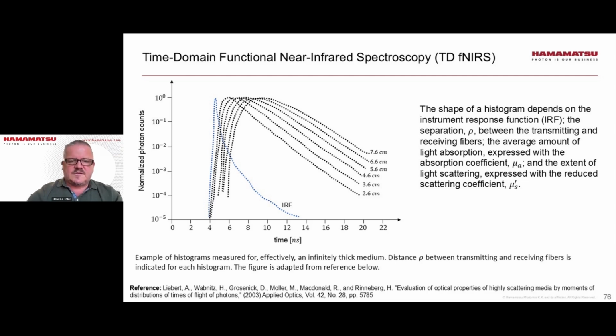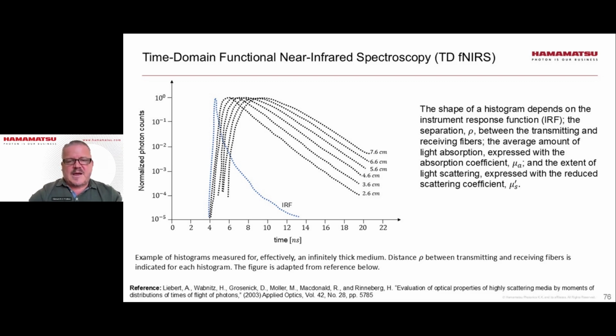What one constructs are histograms. These histograms will depend on the separation of the probes, and they also have to be deconvoluted from the instrument response function. But the bottom line is that a histogram like this can yield unambiguous information about mu A and mu S, whereas other techniques like the continuous wave approach do not provide that information.